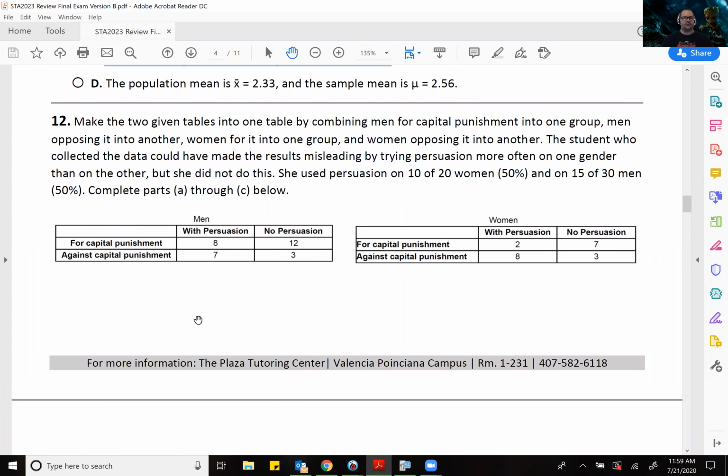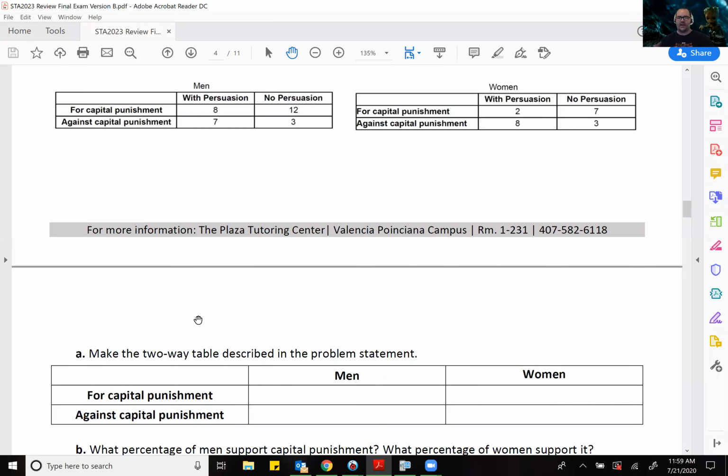The student who collected the data could have made the results misleading by trying persuasion more often on one gender than another, but she did not do this. She used persuasion on 10 of 20 women and 15 of 30 men. So let's complete parts A through C.